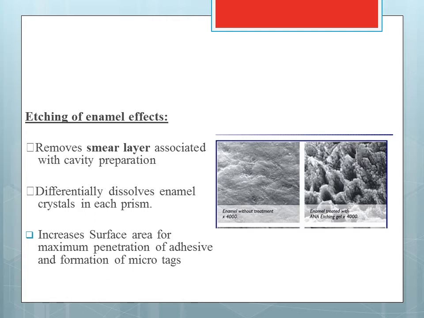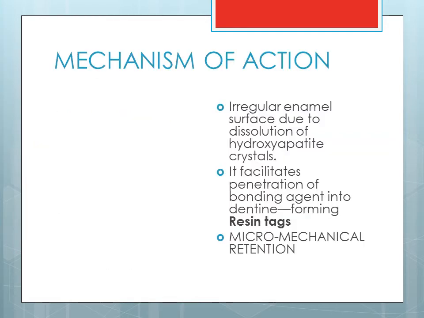So what etching does is it removes the smear layer, it differentially dissolves the enamel crystals in each prism, and ultimately increases the surface area for maximum penetration of adhesive and formation of micro tags or resin tags. So these are the effects of enamel etching. And if someone asks you why etch, these are the reasons why we etch enamel.